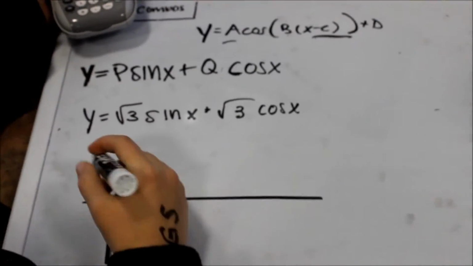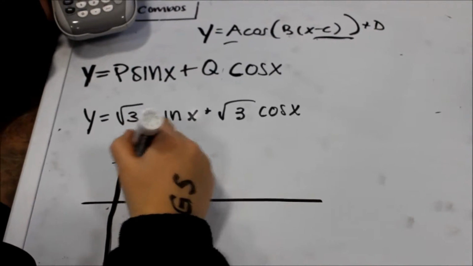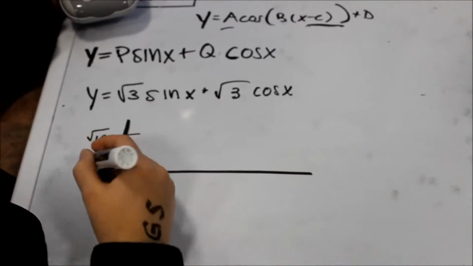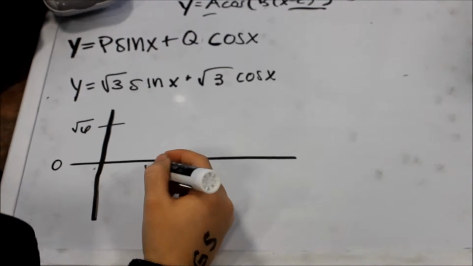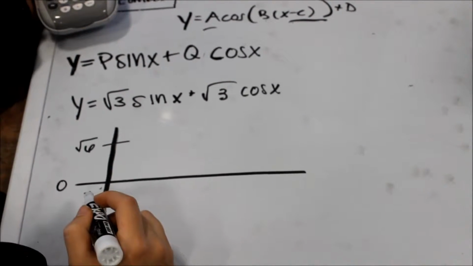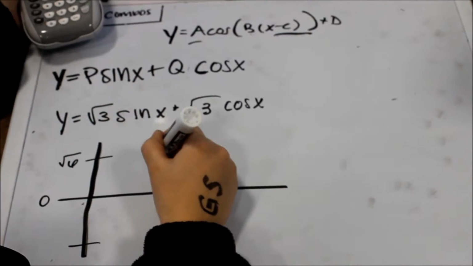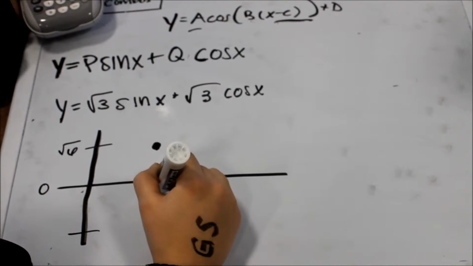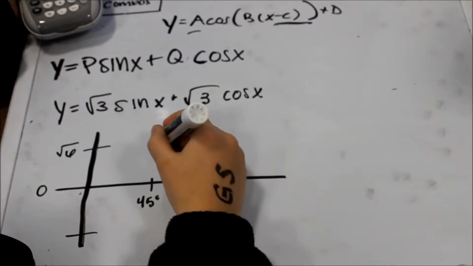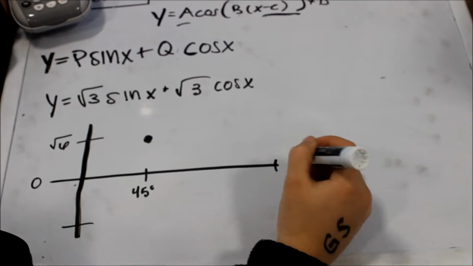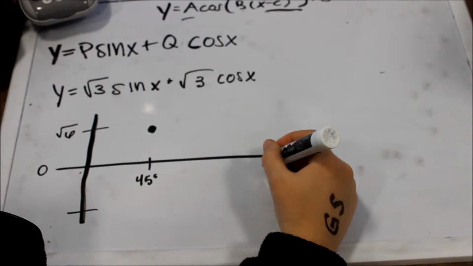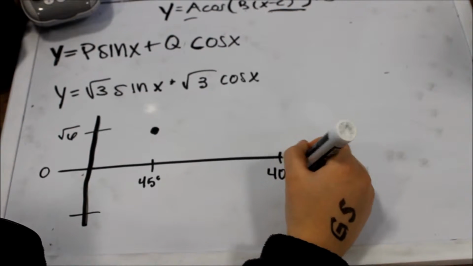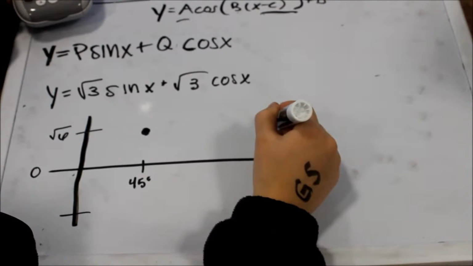Here's one way to find it. D is still 0, it didn't shift up or down. Square root of 6 is our new amplitude, and so we know that when it hits square root of 6, it's at 45 degrees. Since B didn't change, our period is still the same, so it'll still be 360, so we know that's 405.